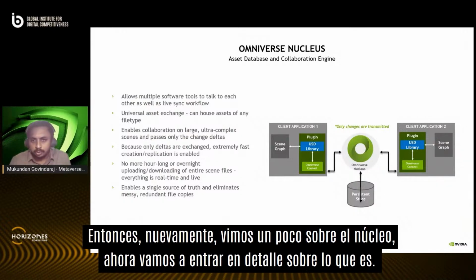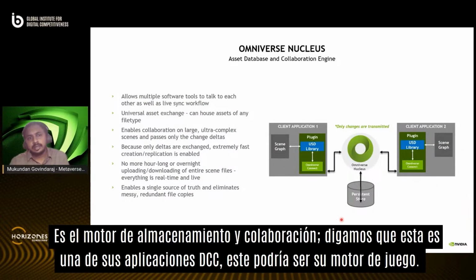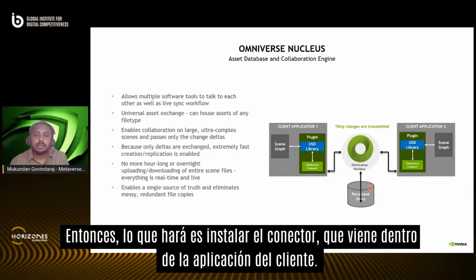So again, we saw a bit about Nucleus. Now I'm going to go into detail about what it is. It is your storage and collaboration engine. Let's say this is one of your DCC applications, and then this could be your game engine. So what you will do is install the connector, which kind of sits inside the client application.